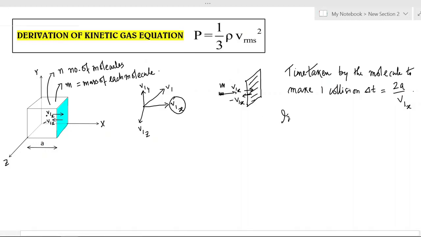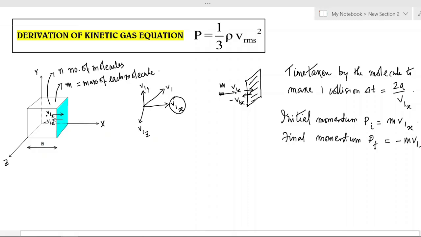So the initial value of momentum, pi, is equal to m into v1x, and the final value of momentum, pf, is equal to minus m into v1x, isn't it?